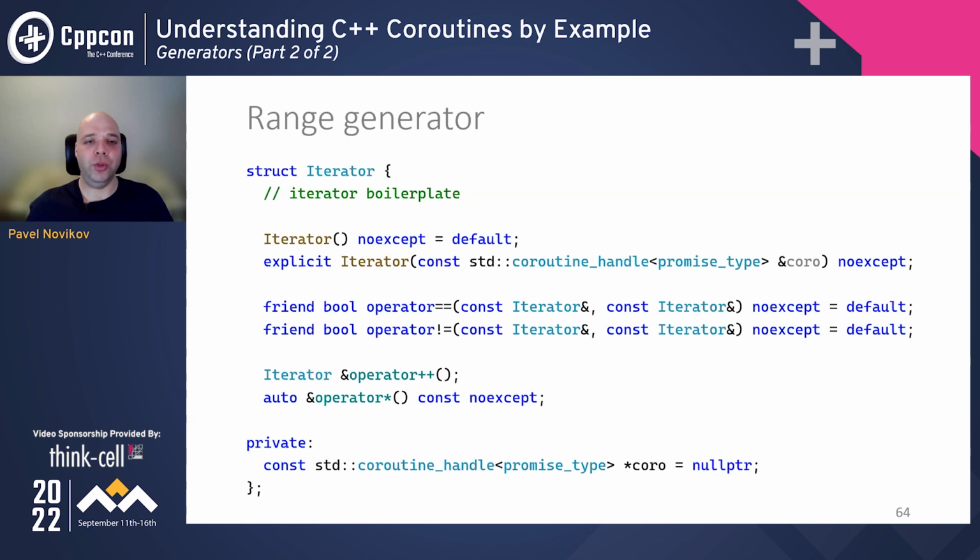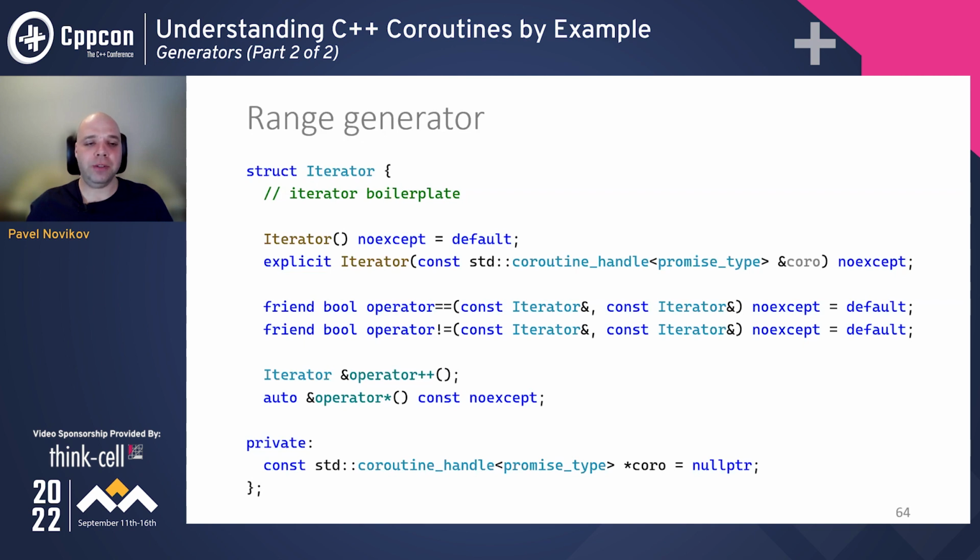The next one is the iterator. This is the overview of our iterator type that we will implement. We have some boilerplate. We have constructors. We have comparison operators. We have, of course, increment and dereference.